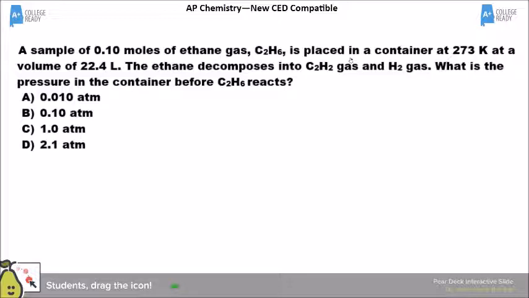So what if we have 0.1 moles of ethane gas? This goes back to Avogadro's law. If it was 1 atmosphere with 1 mole, then if it's 1/10 of a mole, it should be 1/10 of the pressure. So the correct answer here would be 0.10 atmospheres.